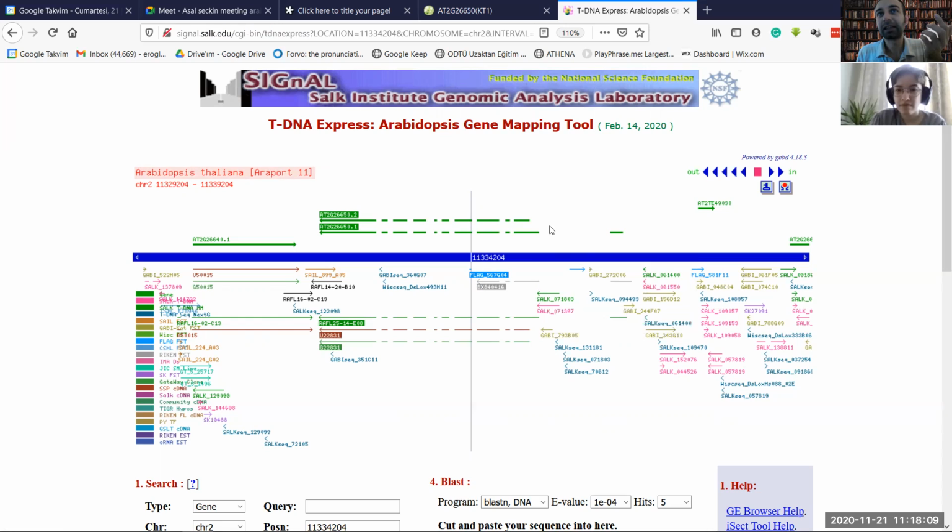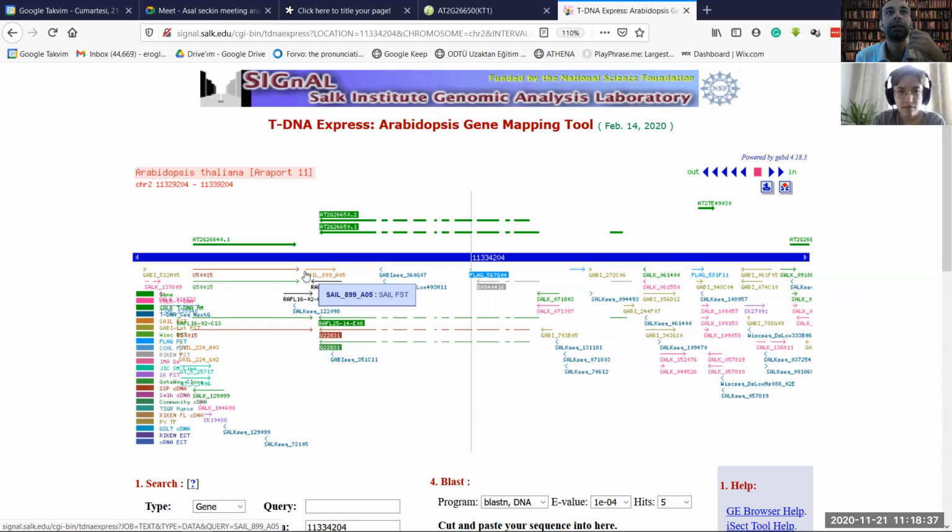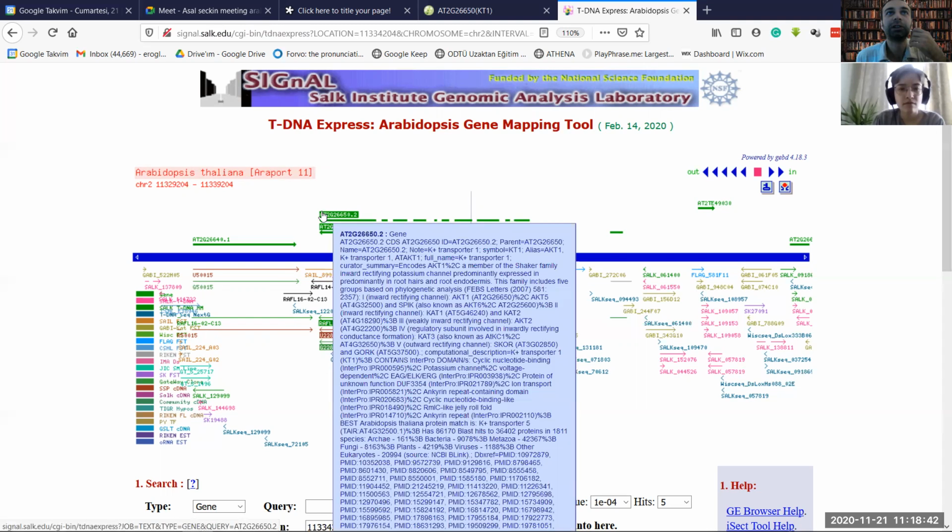So maybe this thing hits the promoter region, which controls the gene expression, and then in such a case, you may see overexpression of the gene, knockout of the gene, or knockdown of the gene, or no difference at all. I mean, everything can happen. Okay, we don't have any other line, I think. We have one here, but I think it hits somewhere here. It probably didn't hit our gene of interest.